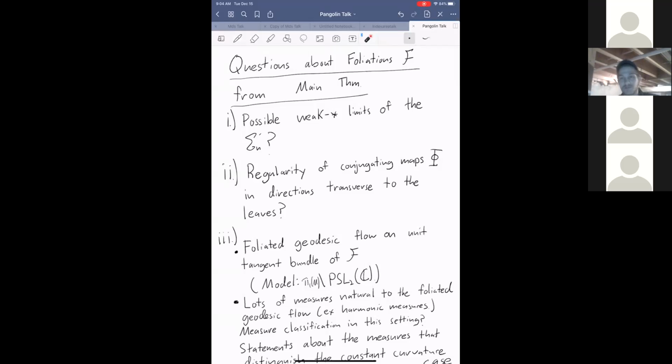You have a conjugating map that sends orbits of the geodesic flow in the constant curvature one to orbits of the geodesic flow in the variable negative curvature one, mapping the unit tangent bundle of one to the unit tangent bundle of the other. In that case, the regularity in the transverse directions is at best Hölder, not differentiable. So probably something like that is true here, I would guess, but I don't really have any idea how to do that.